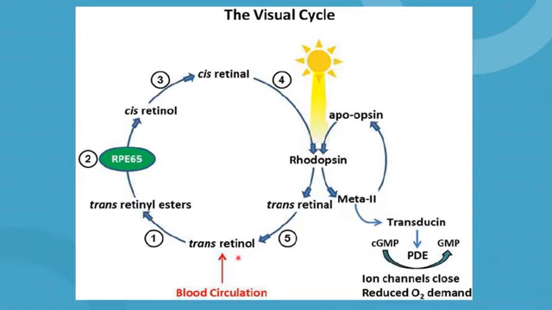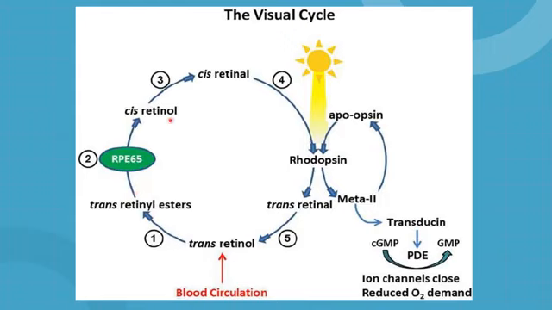This is otherwise the vitamin A, and this will be taking place in the outer segment, and this all trans retinol will enter into the retinal pigment epithelium, where the retinol is used to generate these retinal esters with the help of the RPE65 gene, the retinal pigment epithelium 65 gene, and this takes place in the retinal pigment epithelium.